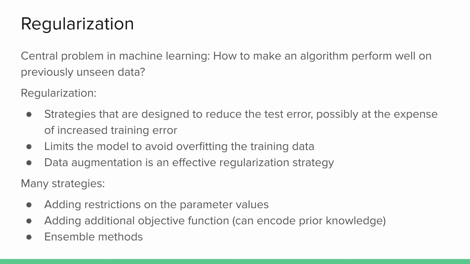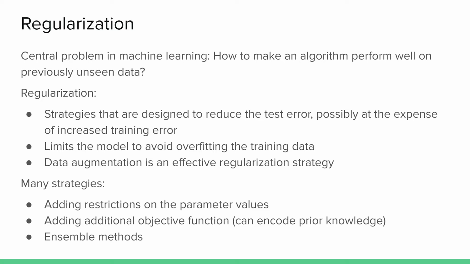Regularization is one technique that can help us achieve this more efficiently. Regularization is a set of strategies that are designed to reduce the test error, potentially at the risk of ending up with a higher training error. What we're doing is limiting the model capacity to avoid overfitting on the training set.